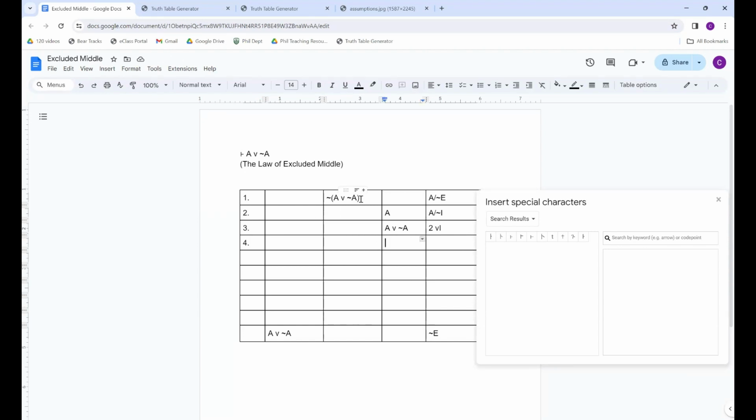Then we will reiterate line 1. This is 1R. We have a contradiction there. So that means we have proved not A by lines 2 to 4, negation introduction.